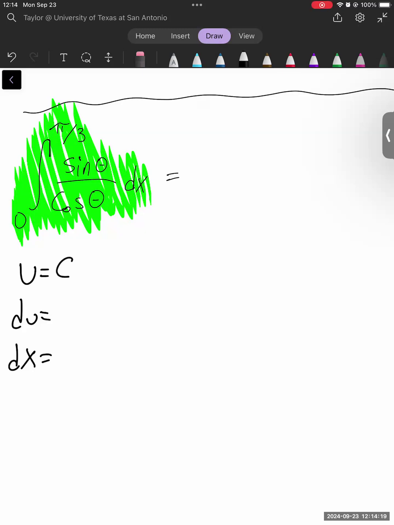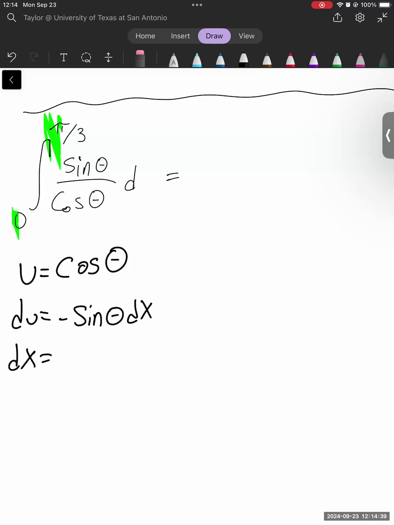Cosine of theta. All right, and then taking the derivative, I get negative sine of theta d theta. Actually, sorry, this should be d theta, and this should be d theta.